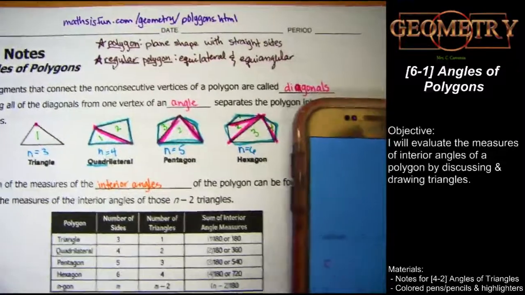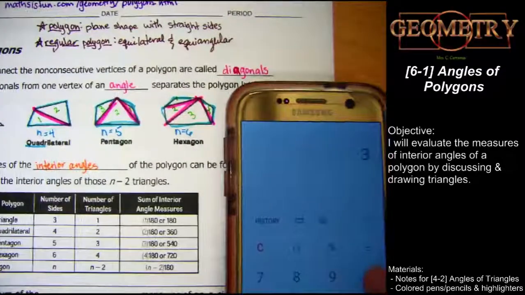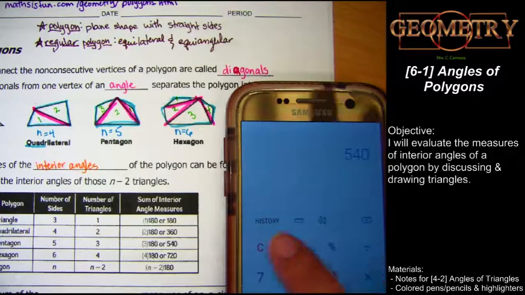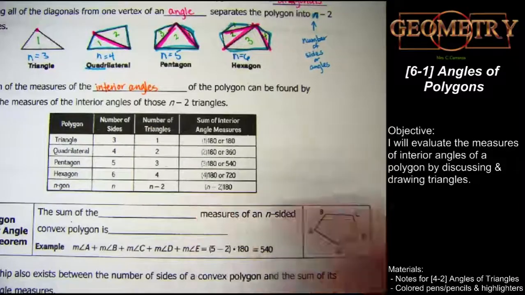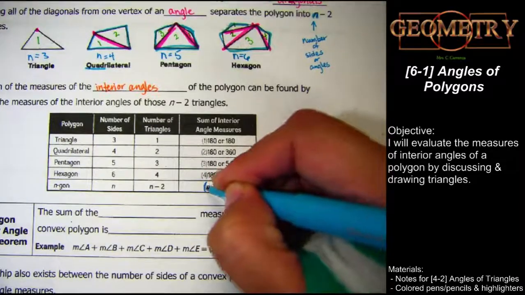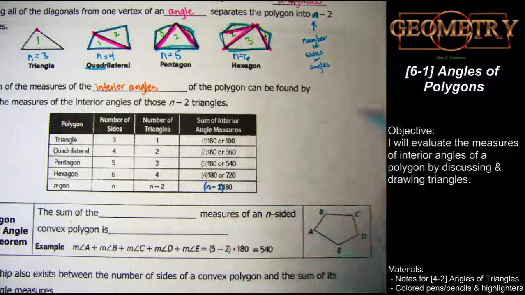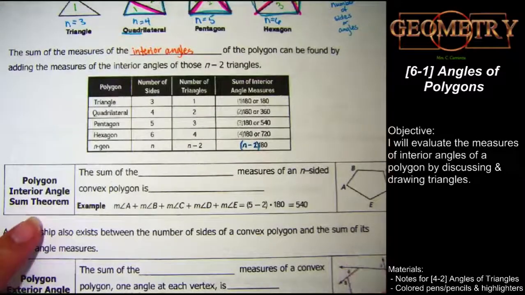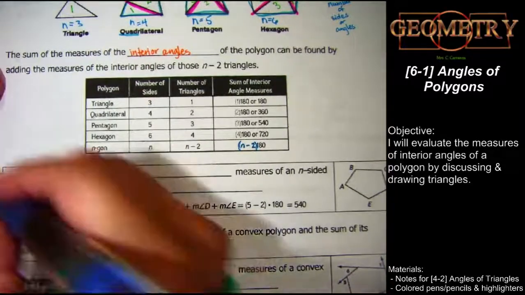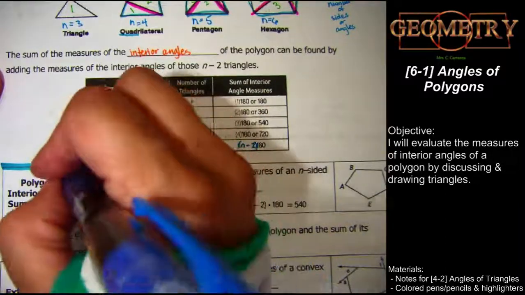In a pentagon, I have 3 triangles, so 3 times 180 is 540. In a hexagon, I have 4 triangles. 4 times 180 is? And so this formula down here, this n minus 2 number of triangles I can cut my polygon into times 180 gives me the interior angle sum of every polygon ever in the whole wide universe.